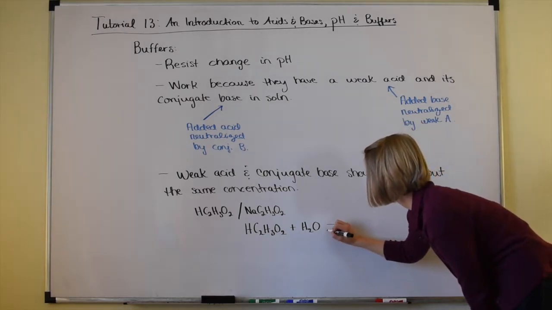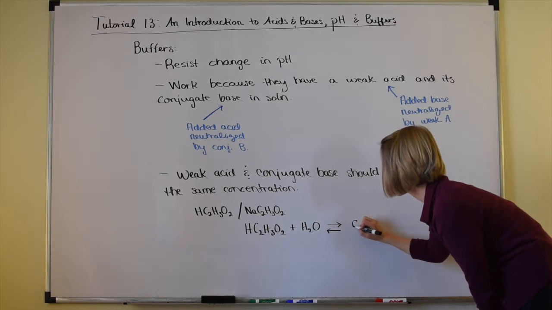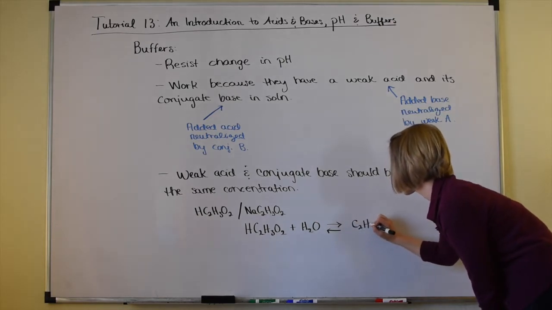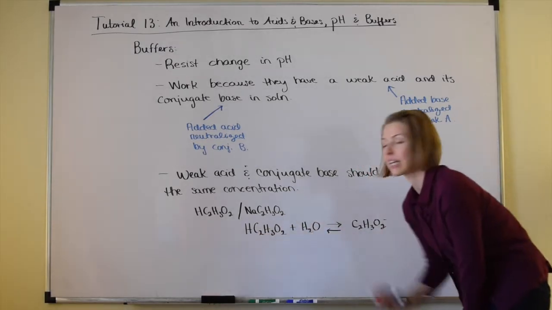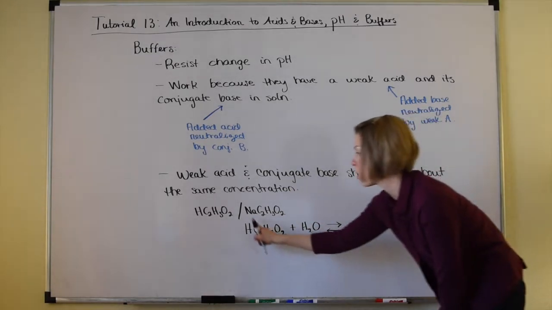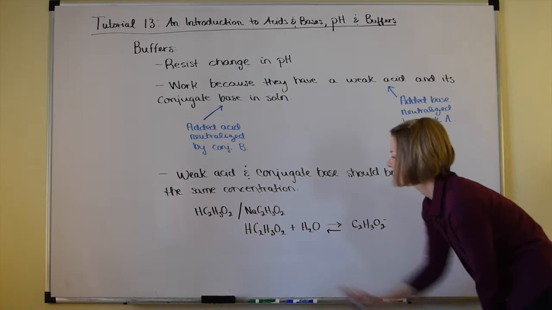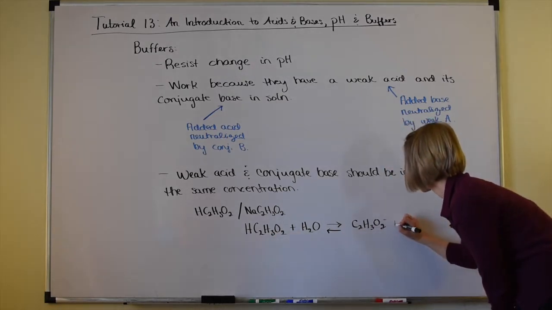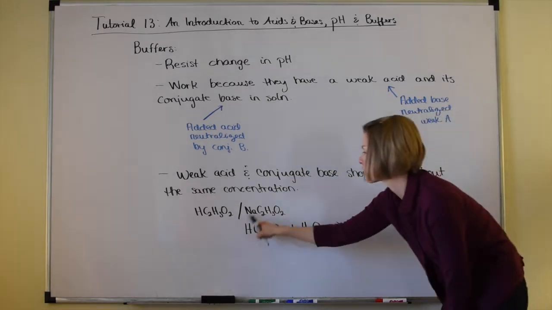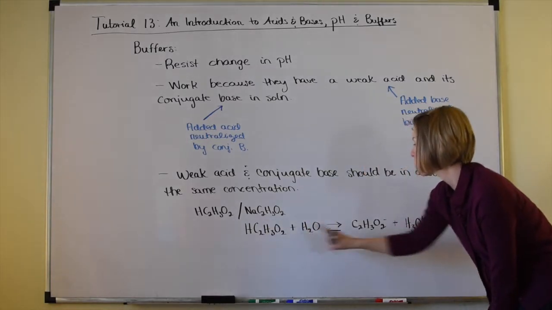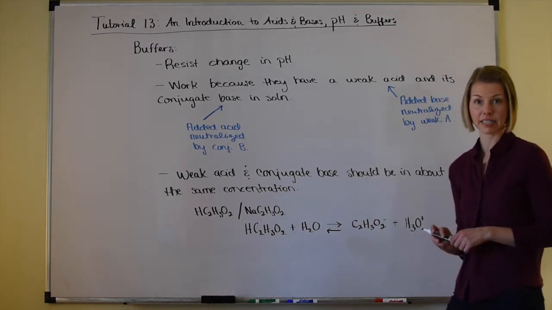So I'm going to go ahead and put my arrow back here. So we can expect some ionization, some release of that acidic hydrogen. Remember, only one of these hydrogens is acidic, so ignore the other three there, to make the acetate anion. And when it transfers that acidic hydrogen to water, water becomes H3O+.